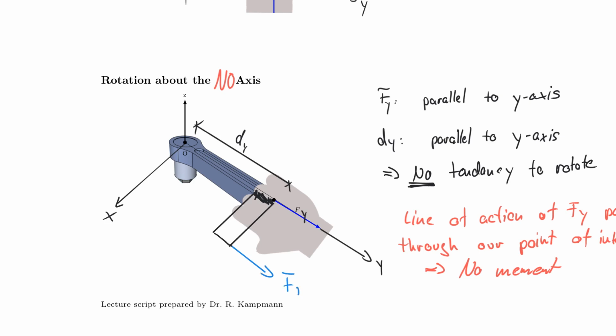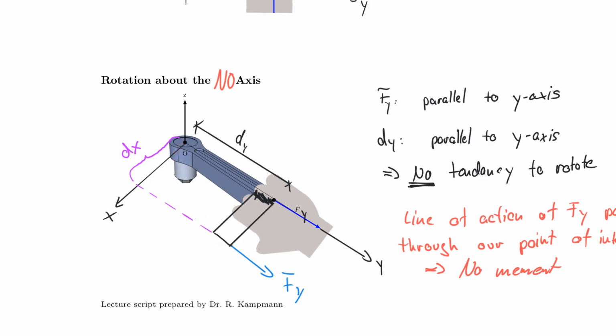Then I actually would have a distance to the point of interest, and that distance would be this line here, or better indicated by this here, which then would be called dx because it's parallel to the x direction. And now this would create a moment about point O, although I'm using Fy, right? I just shifted Fy here because I extended my wrench by this thing that I welded to it. And therefore, I made sure that Fy does not pass through the point of interest anymore.